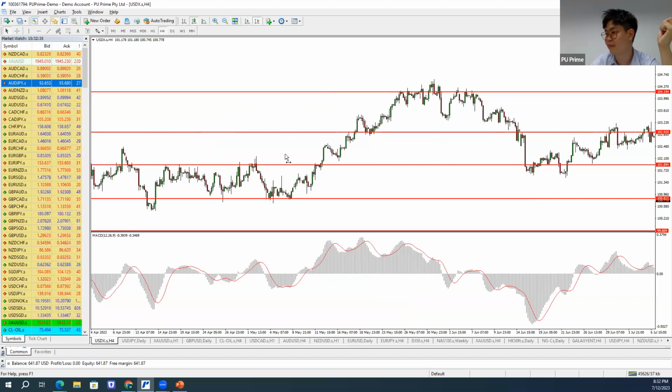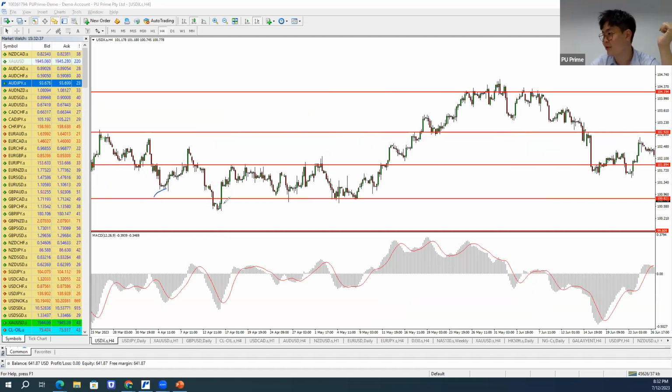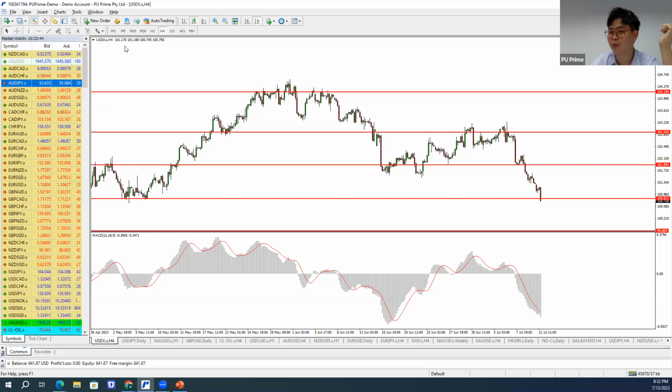Around this support region, 100.80 is very strong. So if you want to predict whether the dollar is going to break more or not, you need to focus on this candlestick. Once the dollar successfully breaks below 100.80, the chance for it to continue extending its losses might increase. So for the dollar trend, 100% focus on this crucial support level first.